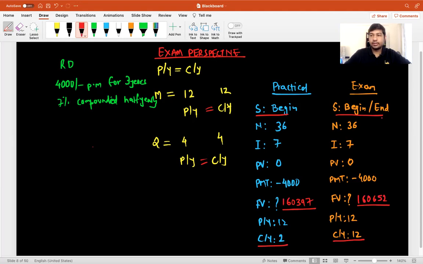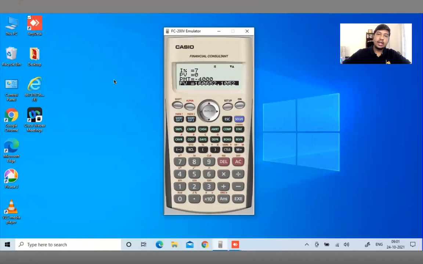Now, what if in the examination, it was mentioned that the cash flows are invested at the end of every period? Then in that case, what you would have simply done is change the SET from begin to end. How do you do that? Take the cursor to SET, press the EXE button, use the scroll key to choose the end option, press the EXE button again, scroll down and go to future value and press SOLVE.